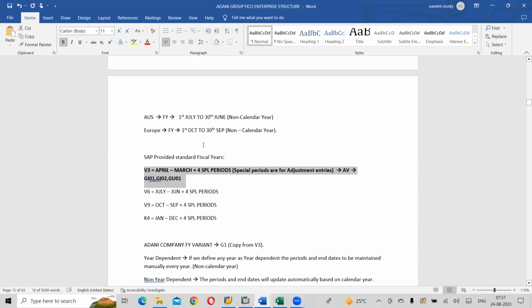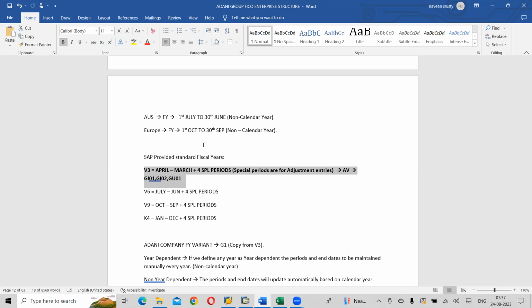How is it going to determine, even though it is taking 2023 to 2024? If I take 4 special periods plus 3 normal periods in 2024, there are a total of 7 periods which belong to the 2024 year. Then how will SAP determine these come under 2023?